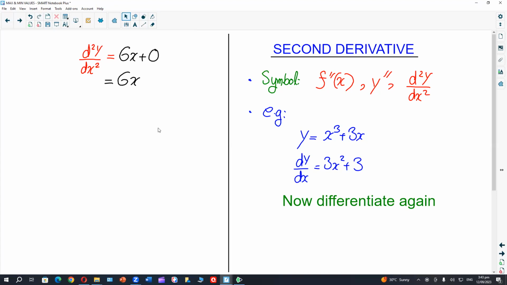Done. So this is how we differentiate the function second time.